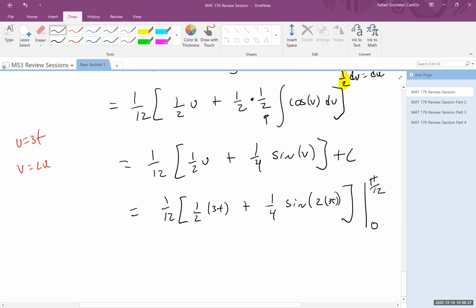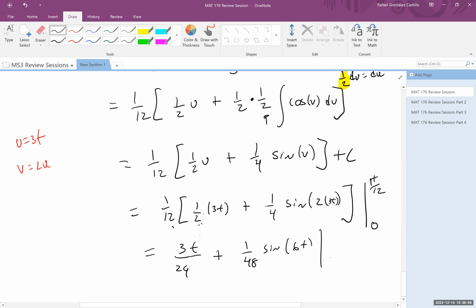So we have 1/2 times 3, which is 3 over 2, and then 3 over 2 times 1/12 is 3 over 24. So we have 3t over 24 plus 1/4 times 1/12 is 1 over 48. And then you bring in the sine of 2 times 3, which is 6t.